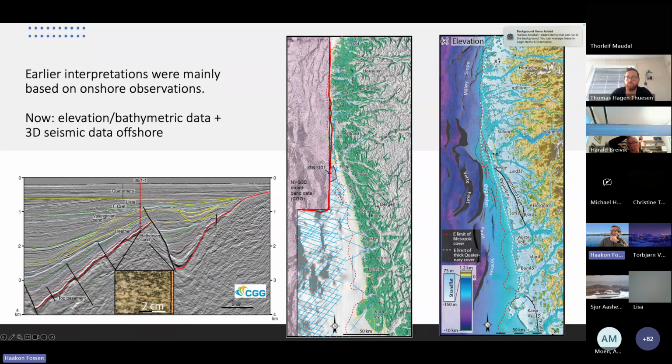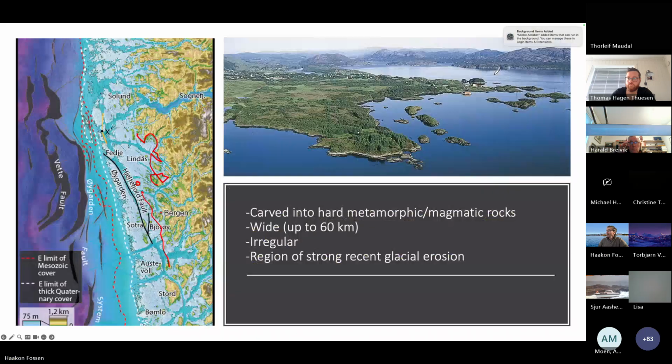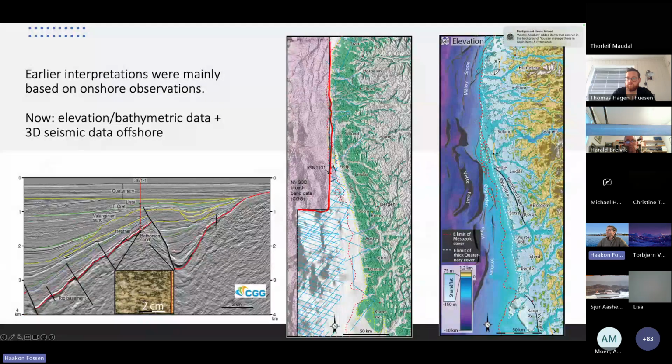So we have the onshore, we have the shallow sea part from the bathymetric data, and the offshore that we can put together in a map like the one that is shown on the right. So the strandflat here is the light gray blue color.